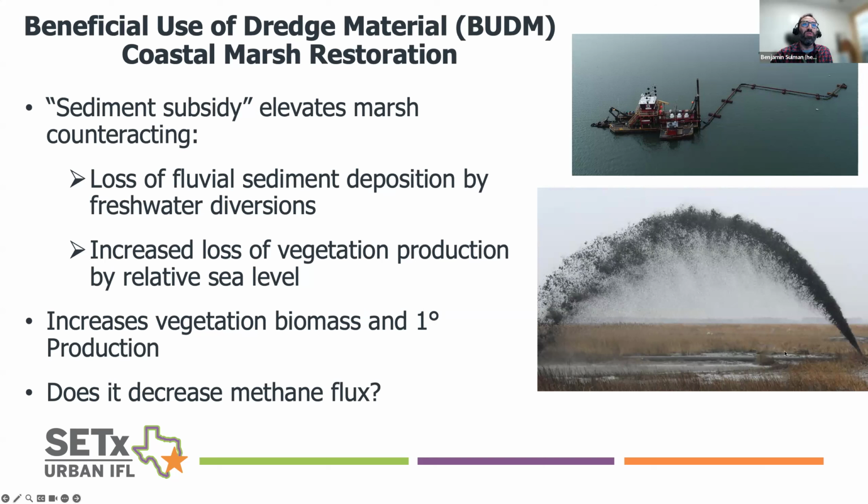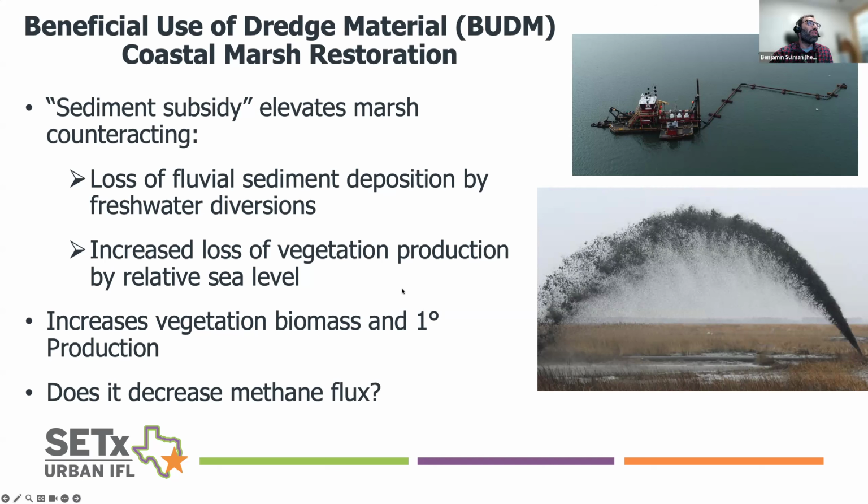One of the beneficial uses is essentially spraying all of this sediment that was taken out of the bottom of the river onto the tops of these marshes to try to increase their elevation and mitigate the loss of marsh elevation that happens as part of the degradation process. Typically, you see a photo of spraying a bunch of dark material onto an ecosystem and it looks like it's polluting it. But in this case, it's a strategy for trying to make this marsh healthier.